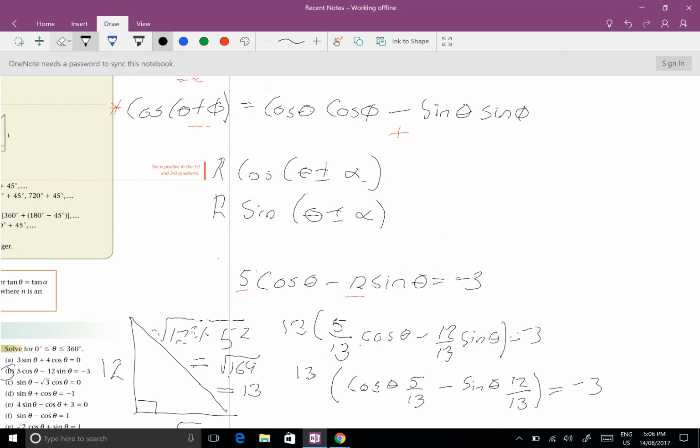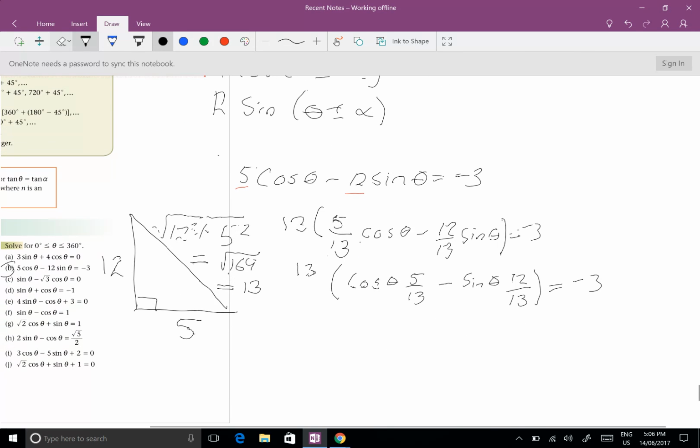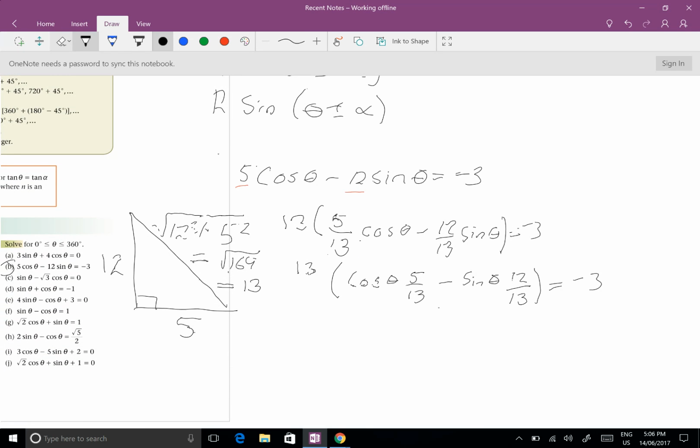Well, which one does it look like? Cos theta minus, it looks like cos(theta plus phi). So let's write it as that, which means we've got to make the 5 on 13 cos alpha. So I need alpha to be there.